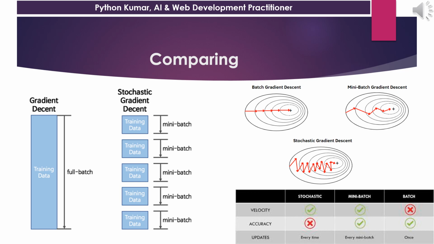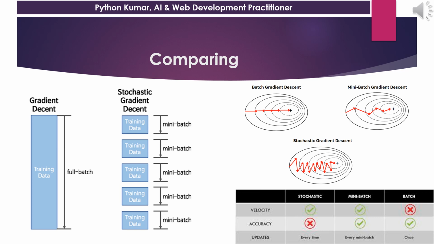In the case of batch gradient descent, it smoothly arrives at the lowest point, that is, the water stops smoothly. In mini batch gradient descent, because it takes small chunks of data, the graph is a little haphazard. The water is stopping, but a lot of labor goes into it.